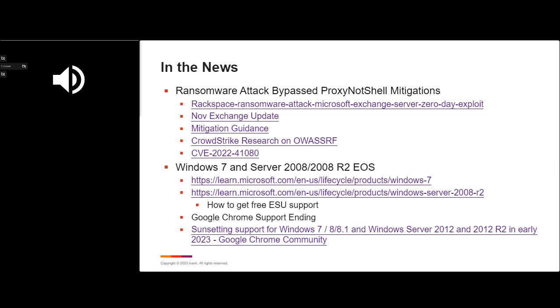The first cybersecurity bit of news that I wanted to go through, though, was around a ransomware attack that occurred recently. This was the Play ransomware attack on Rackspace's hosted Exchange services. I don't want to go too much into the Rackspace-specific incident. I want to focus more on some of the side topics of this.